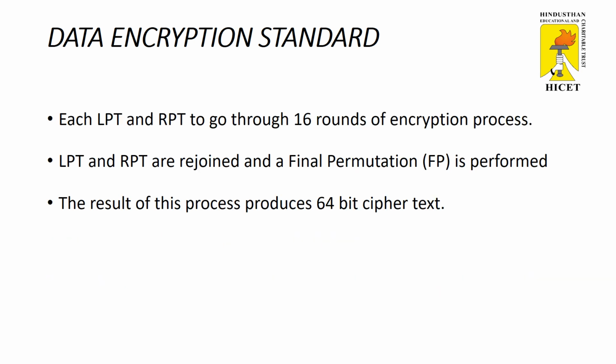In step 4, each of LPT and RPT, that is left plain text and right plain text, has to go through 16 rounds of the encryption process. In step 5, LPT and RPT are rejoined and a final permutation is performed on the combined block. The result of this process produces 64-bit ciphertext.